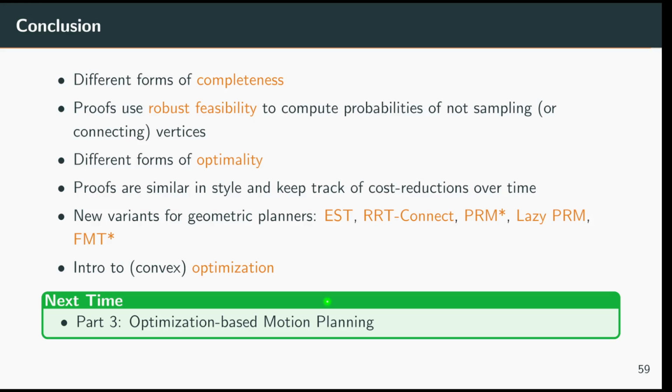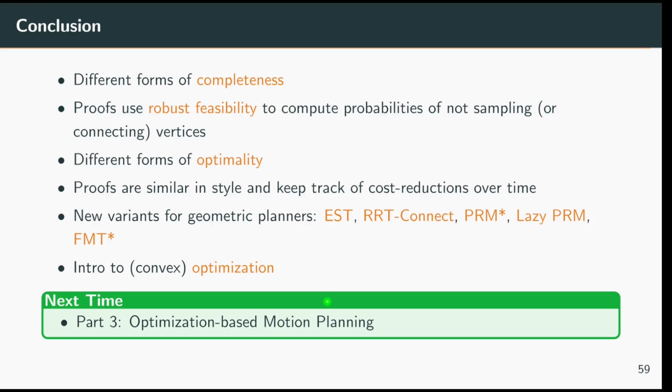We also considered the convergence rates for both completeness and optimality. We didn't really look into detail on how exactly they are derived, but we at least identified the situation that it's exponential in the number of vertices for completeness, but not so great for optimality, which I hope you have also found during your programming assignments when you looked at example cases.